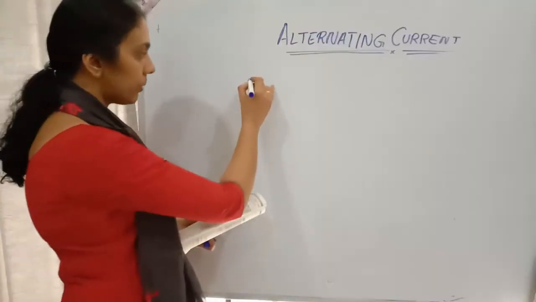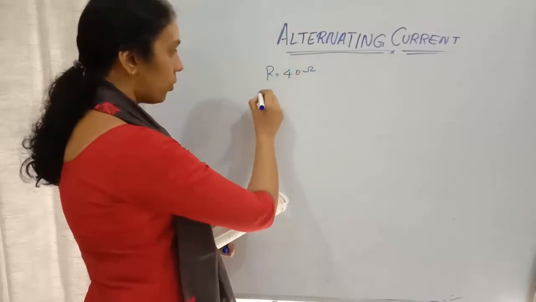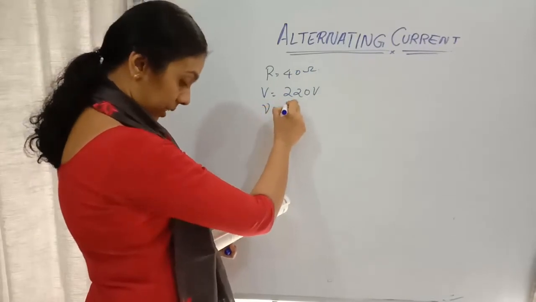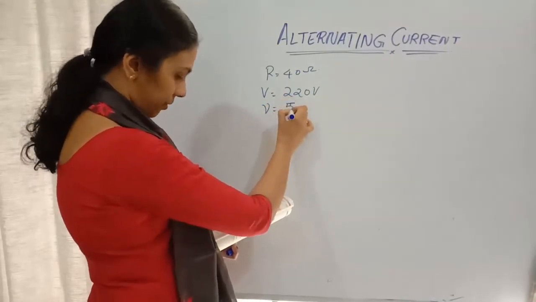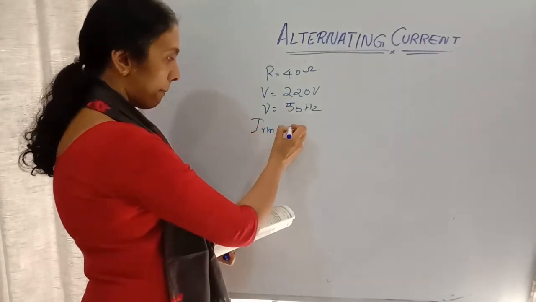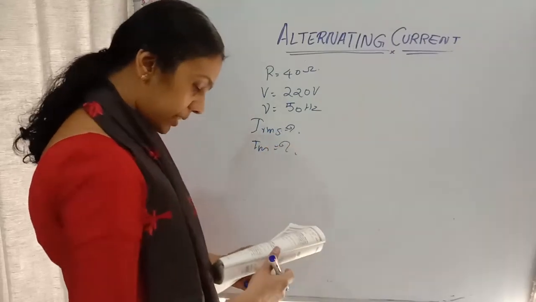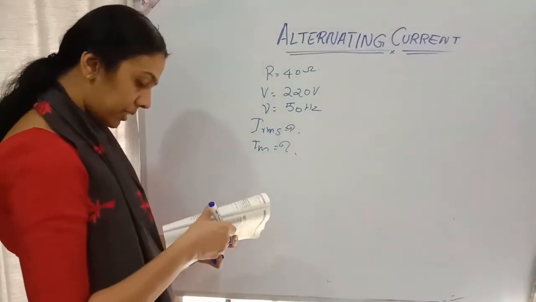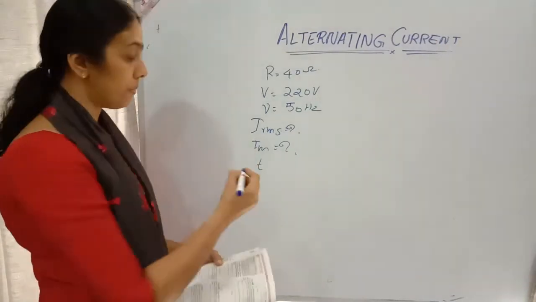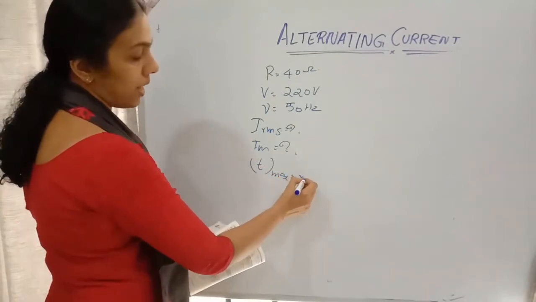Here the values are given. Resistance equals 40 ohm, voltage is 220 volt, and frequency is 50 hertz. We need to find the RMS value of current, the maximum value of current, and then the time taken by the current to change from maximum value to RMS value.